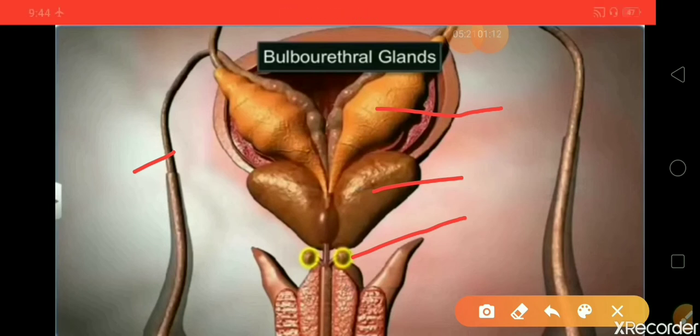Now see the connectivity here. The vas deferens is getting connected to the urinary bladder, and the seminal vesicle in turn will be connected to the vas deferens, and along with the vas deferens and seminal vesicle secretions, that will be traveling to the prostate gland, including the prostate gland secretions, will be traveling through the next duct, taking up the secretions of the bulbourethral gland, and then that will be entering into the ejaculatory duct.